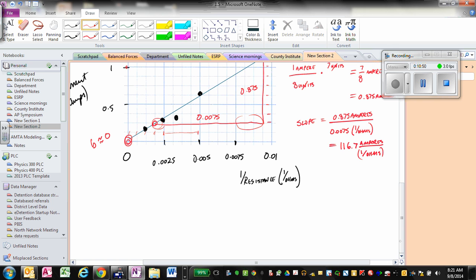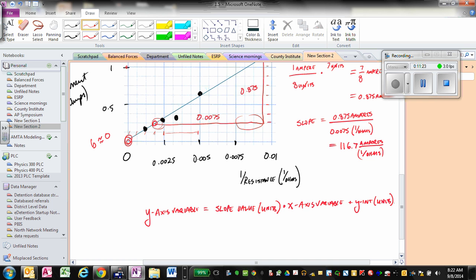So now I can write my model. General format for the model should be y-axis variable equal to the slope value with its units times the x-axis variable plus y-intercept with its units.